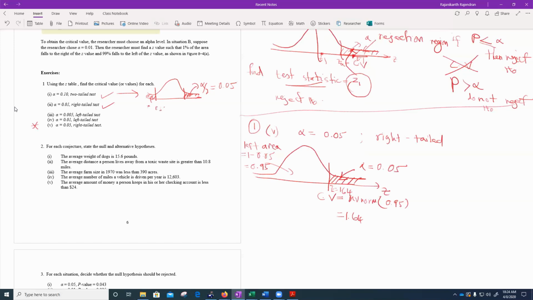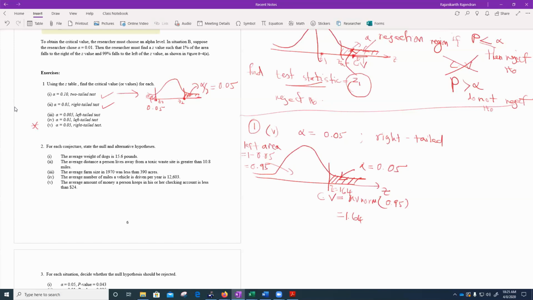Now how many critical values will you have for this problem? Would you tell me? Where are the critical values? Critical values are now two values, right? One is here and one is there. Let me call this Z1 and this Z2. Because of the symmetry, you will have the same answer with the opposite sign, right?